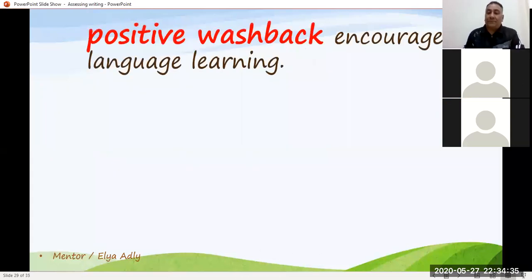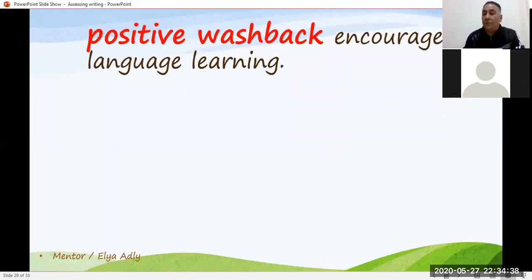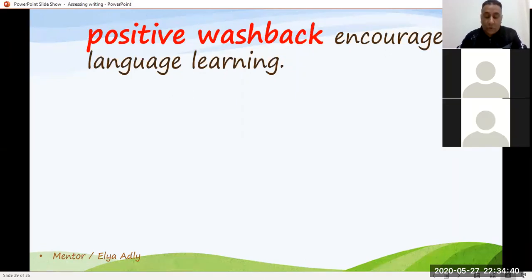Positive washback encourages language learning. Washback, as I said, is looking mainly to the exam. When you teach in your class, you think about the exam. Your students think about the exam and they can say to you, hey teacher, will this be in the exam? Yes, okay, so we practice it. Won't it come in the exam?